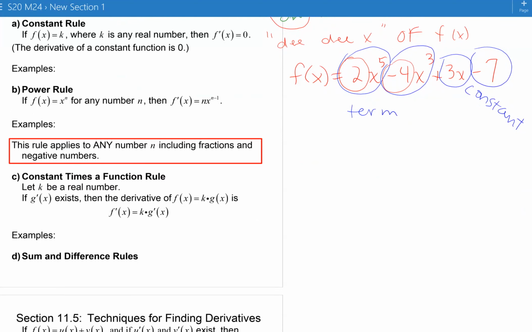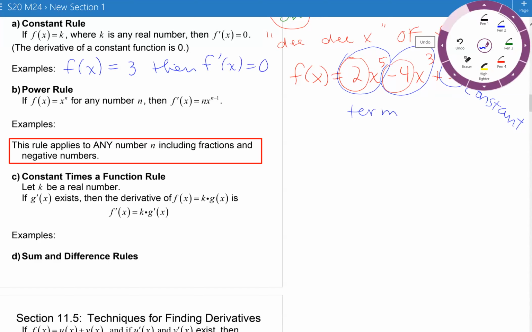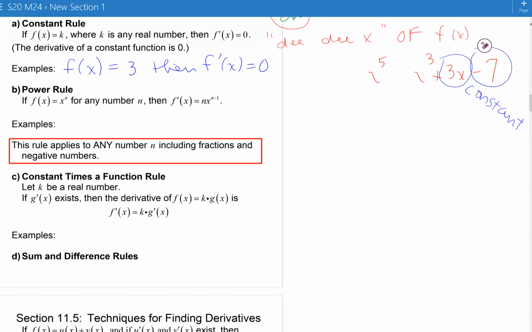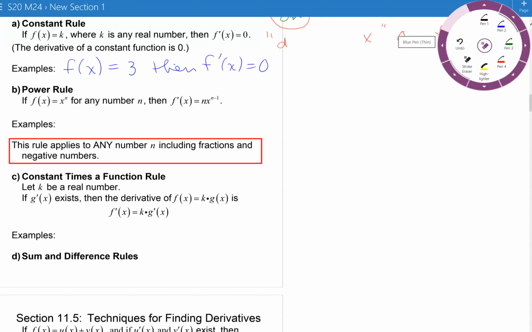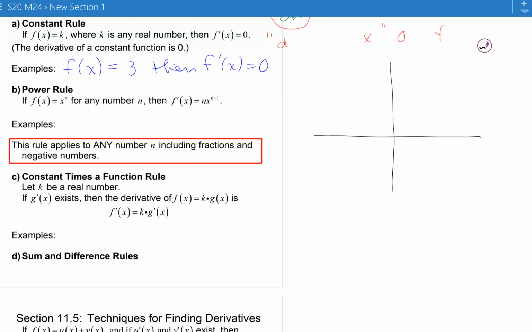And this formal math language says if f of x equals k, some number, so let's pick 3, then f prime of x is 0. So let's see why that would be. Let's draw a graph of, let's see, f of x is interchangeable with y.